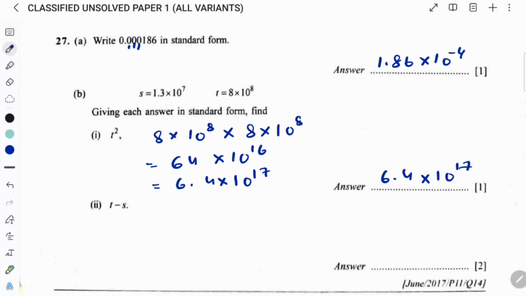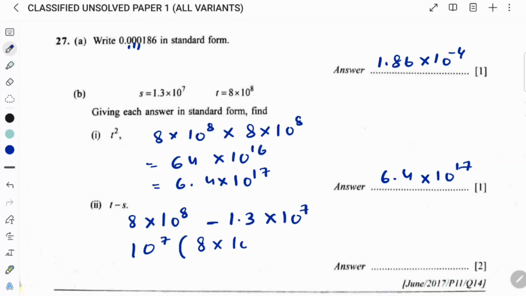Now t minus s: 8 into 10 to the power of 8 is t, minus 1.3 into 10 to the power 7. So 10 to the power of 7 is common.